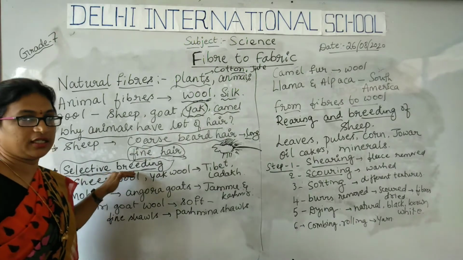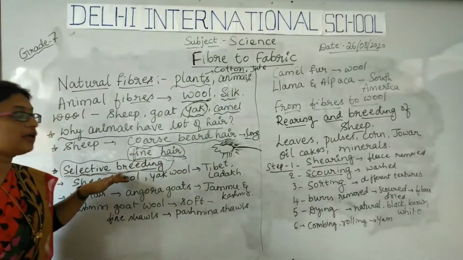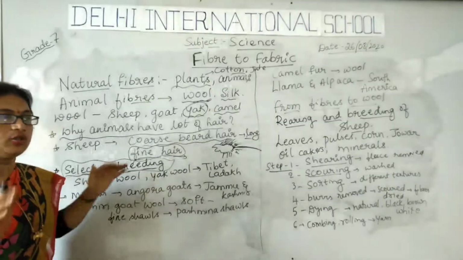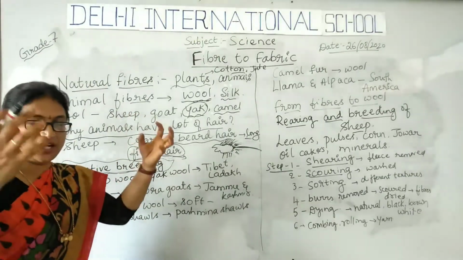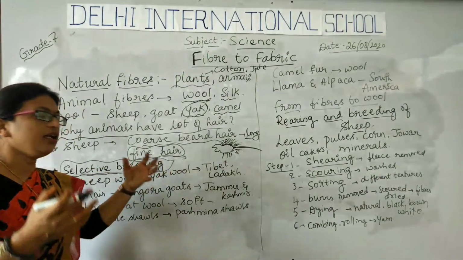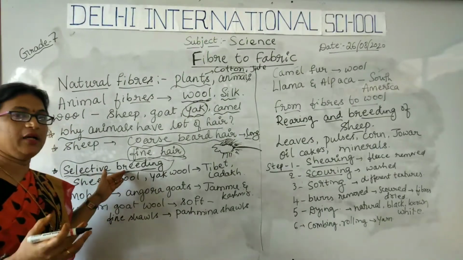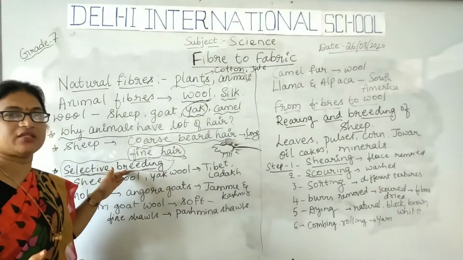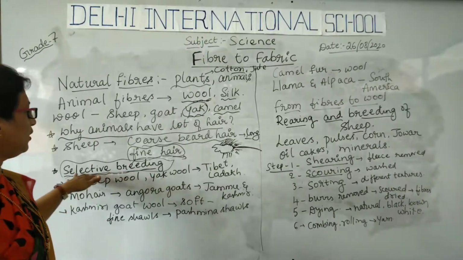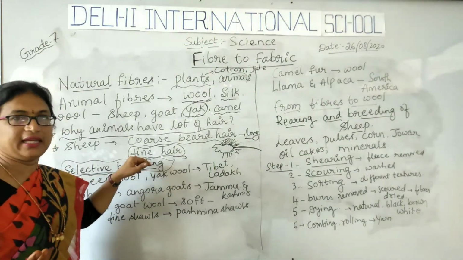In order to get a healthy, fine-haired progeny, or baby sheep, the two parent sheep which have fine hair are purposefully selected and mated, and so the baby sheep which is born will definitely contain fine, healthy hair, isn't it?